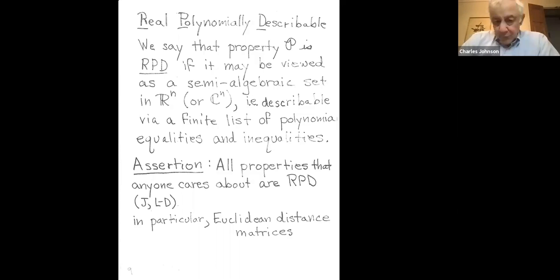Now, this doesn't mean that you can't make up a matrix property that's not real polynomially describable, but all the ones that people are interested in are real polynomially describable. So in particular, Euclidean distance matrices are real polynomially describable.